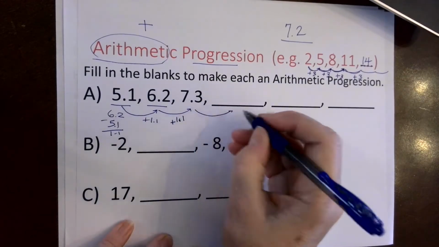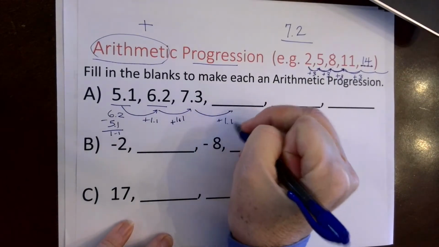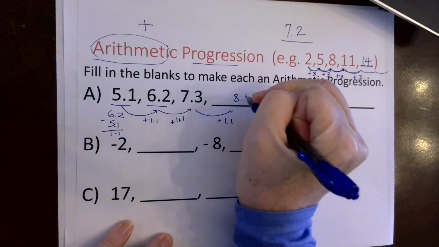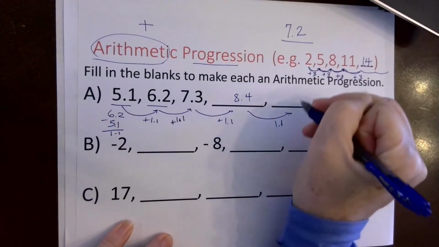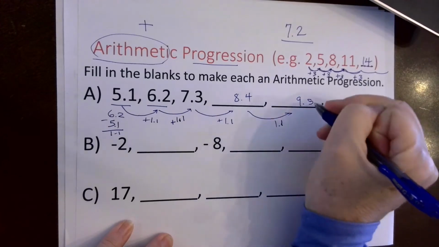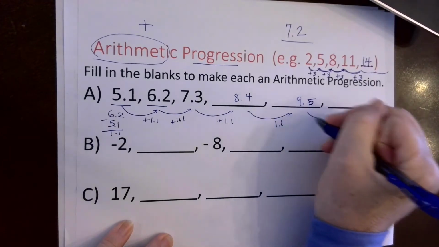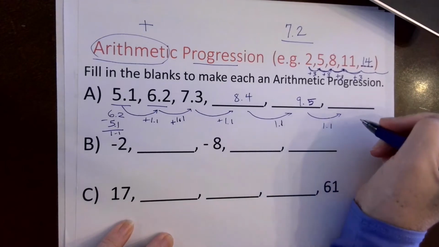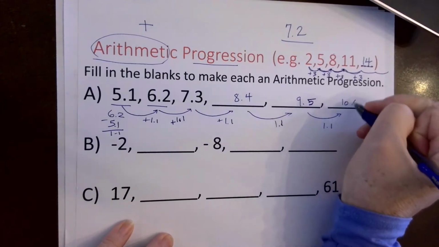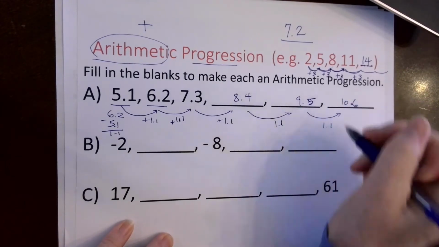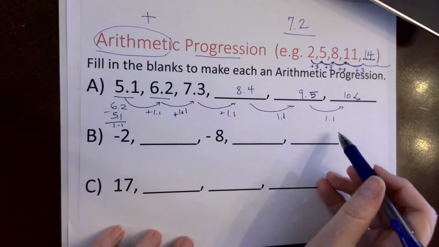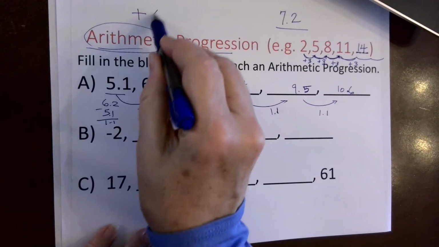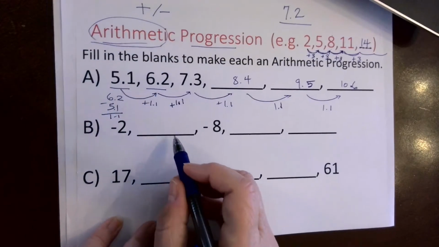So we're going to add 1.1 again to 7.3. We're going to add 1.1 to 8.4. We're going to continue adding 1.1 for each jump. And that's arithmetic progression because we're adding or even subtracting. Those are arithmetic.